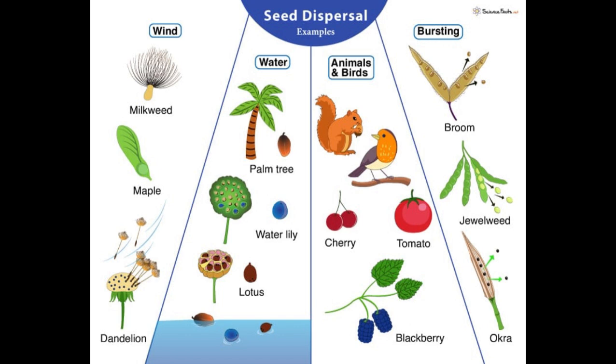The third is dispersal by animals. It is known as zoochory. Agents of dispersal are birds, insects, bats, and other herbivores. The seeds are usually light and are sticky or provided with hooks.